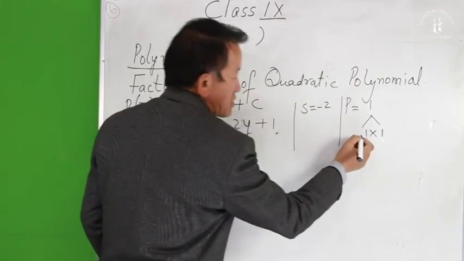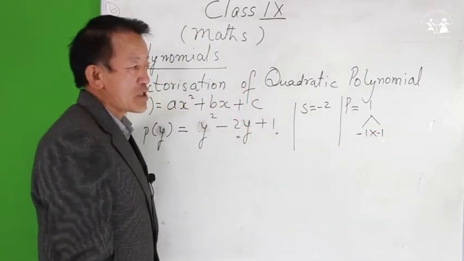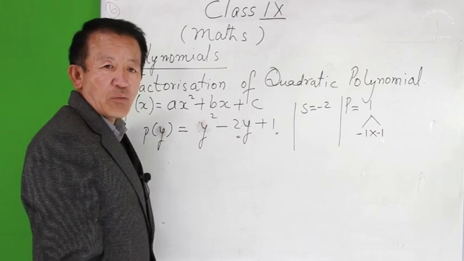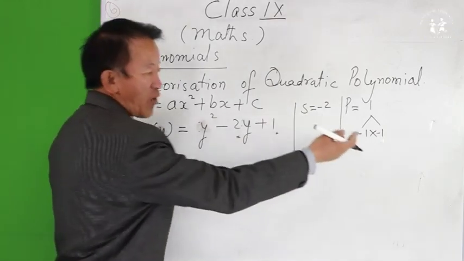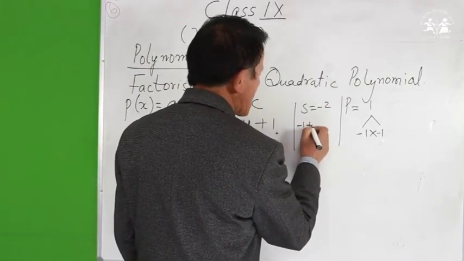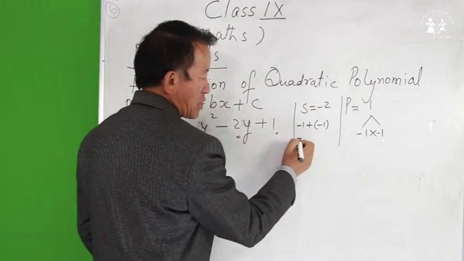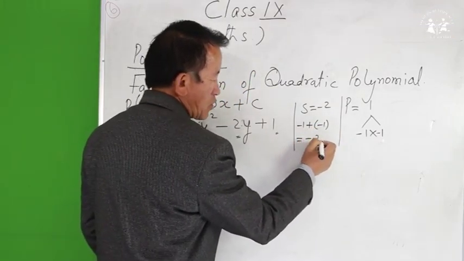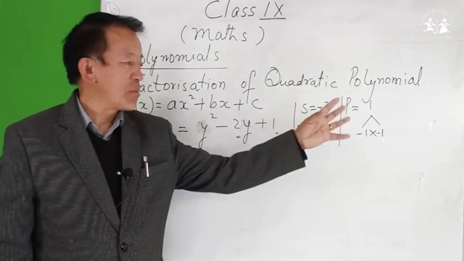So that means both the numbers should be minus 1. Minus 1 into minus 1, minus into minus is plus, 1 ones are 1, positive 1. If we add these two numbers, minus 1 plus minus 1, same sign, so it is equal to minus 2. So the two numbers are minus 1 and minus 1.